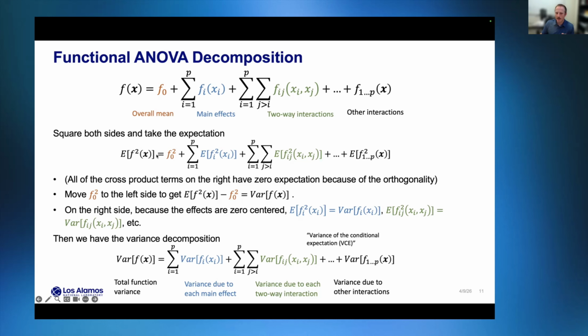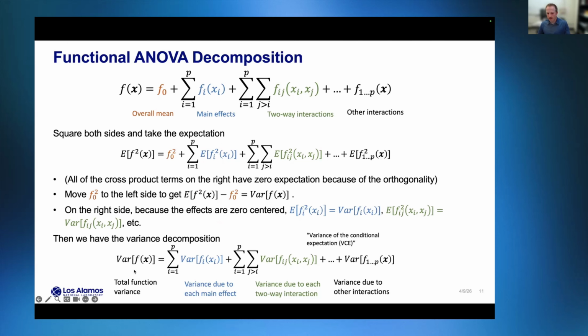If I move that to this side, then I have this term, which is the variance of f of x. So that's down here. If I then look at these terms, they were zero-centered, which means their squared expectation is zero. So that means these are also variances. So that's how I get to this variance decomposition.